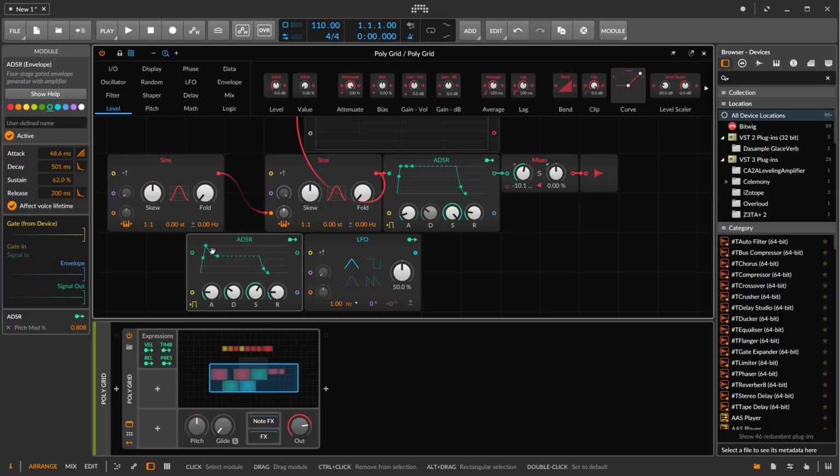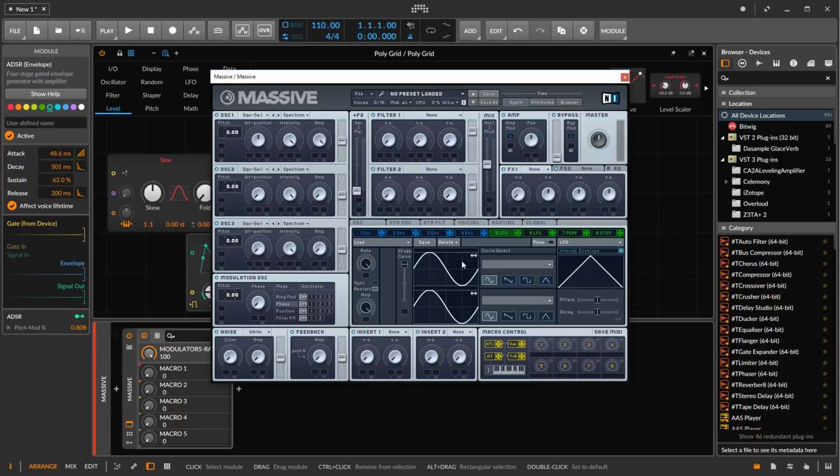That's not the case here in the grid, but if I look at something like Massive and I take this LFO and drop it here, and then I turn this up and modulate this, I can get up to this speed, which I'm not sure what that frequency is, but it's probably around 50, and I can't really get past about 50 hertz.